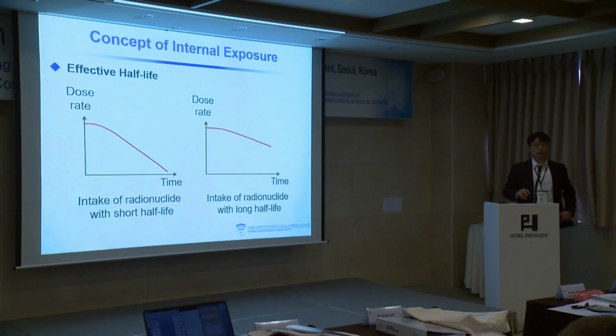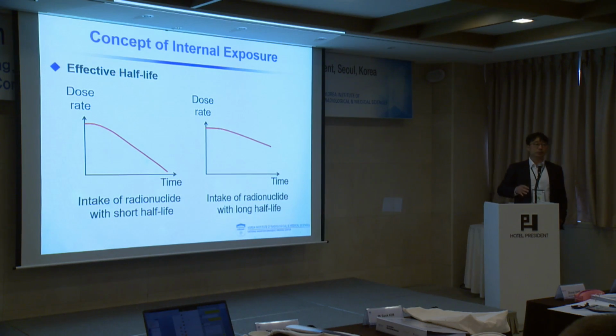So after time passed, this dose rate in the body will decrease according to the effective half-life. If some specific radionuclides has a very short half-life, the dose rate in the body will sharply decrease according to the time passed.